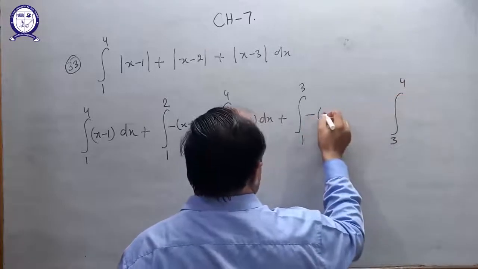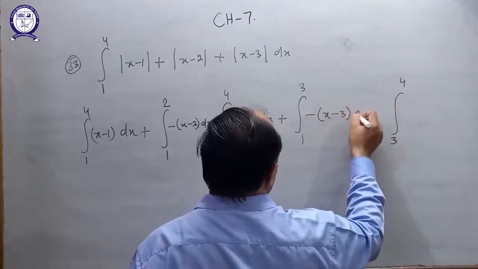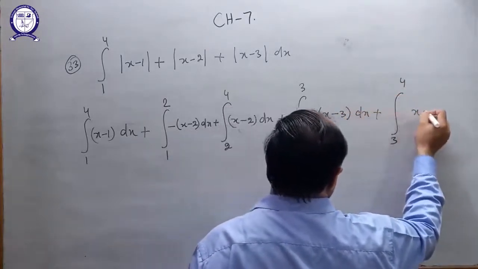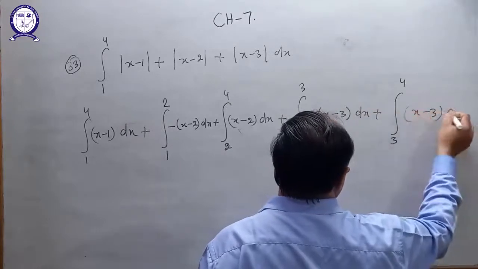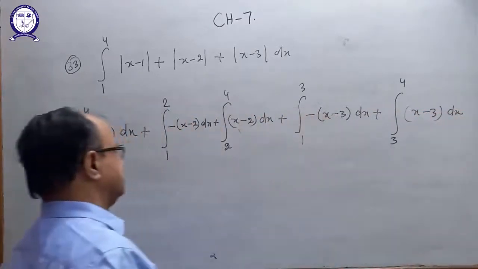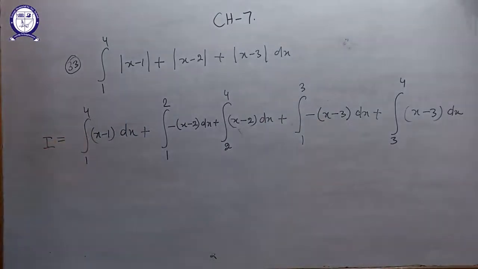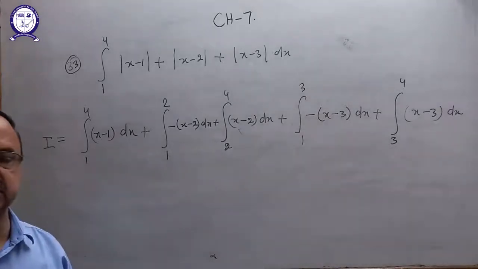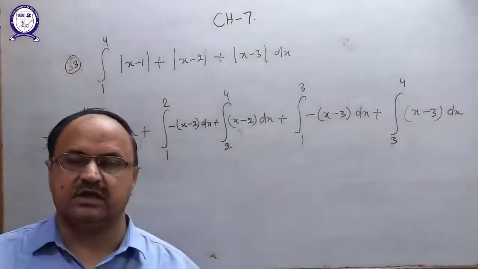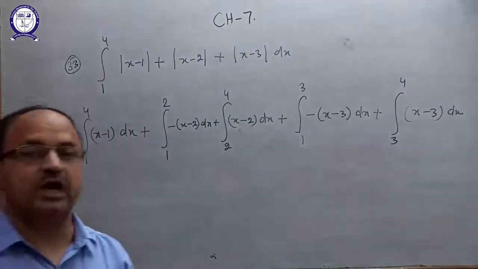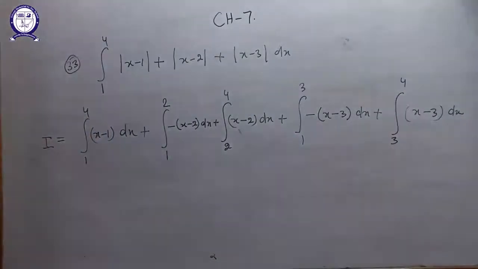From 1 to 3 it is the negative of the function and from 3 to 4 it is the positive of the function. Further you can solve. Correct? Just simple integration, then upper limit minus lower limit. Okay. You can check again.